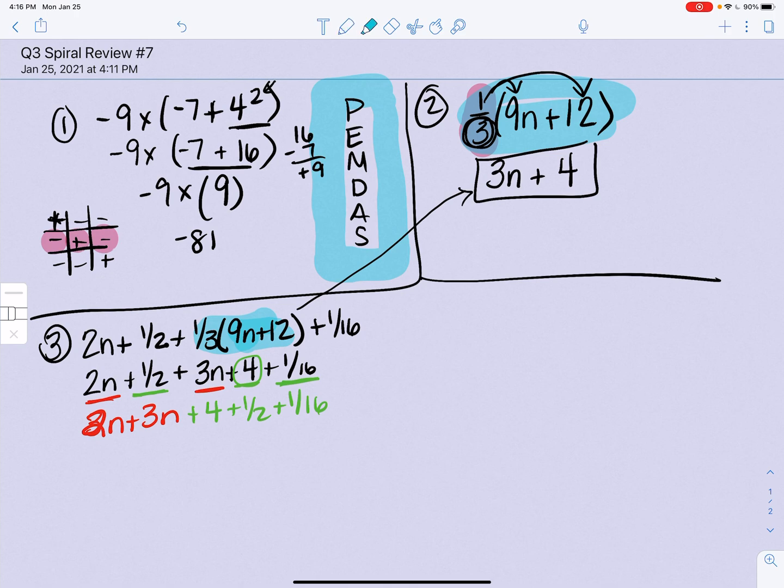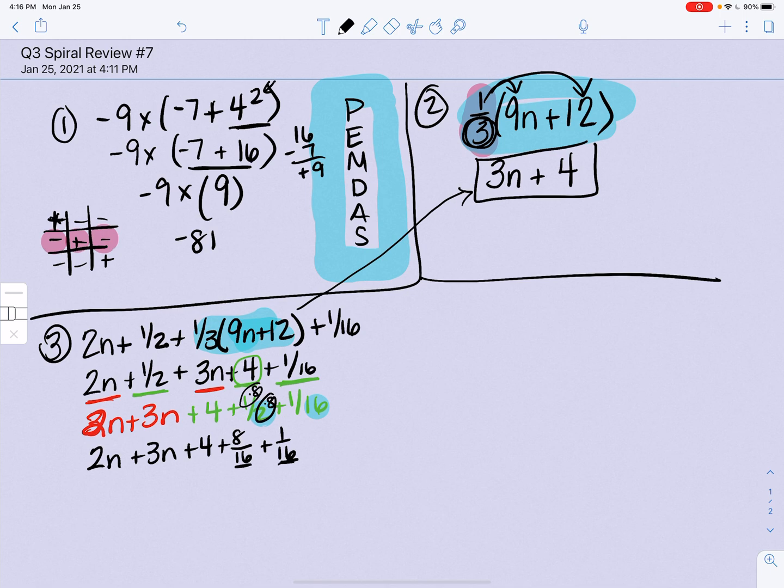Now I'm going to notice my denominators are different, so I have to make 2 turn into 8 by multiplying by 8. So bring down, none of this stuff has changed, but the 1 times 8 becomes 8. The 2 times 8 becomes 16. And then I bring down my 1/16.